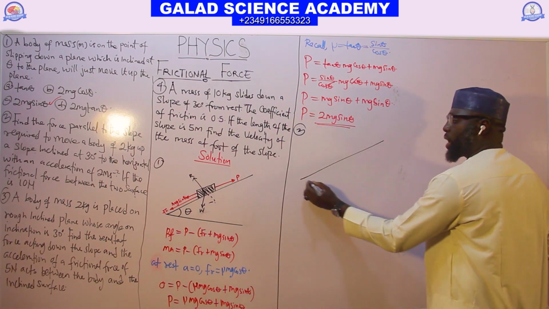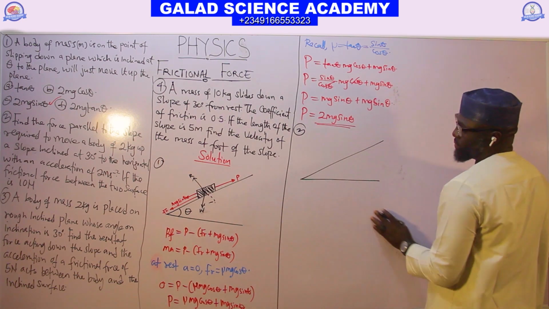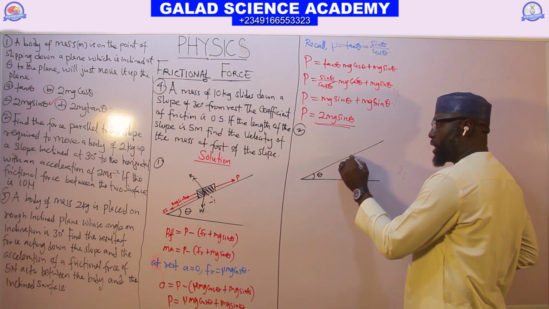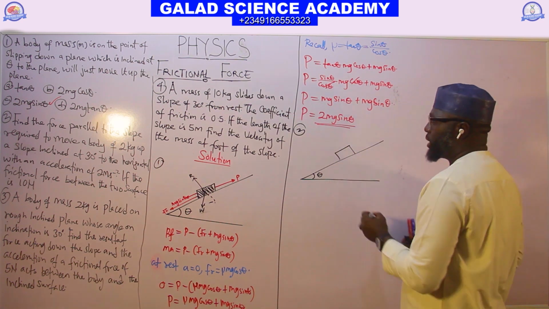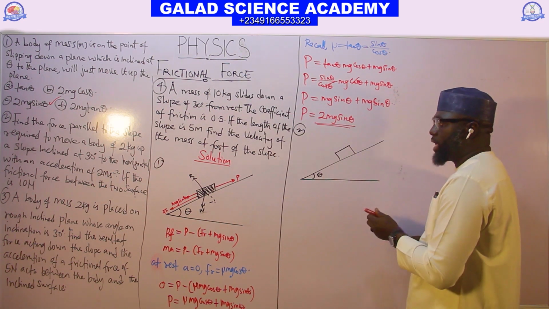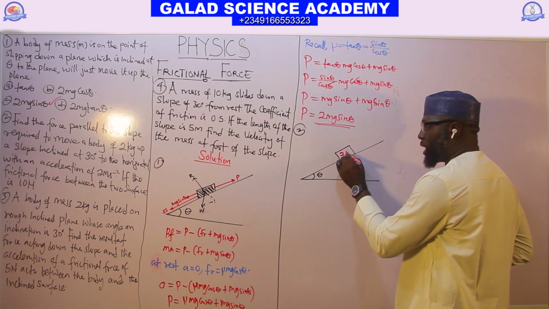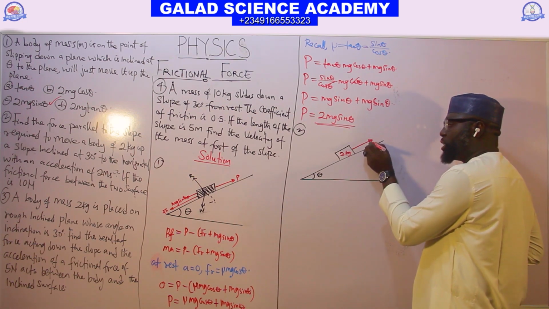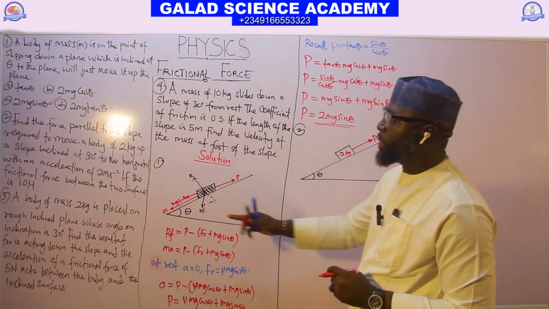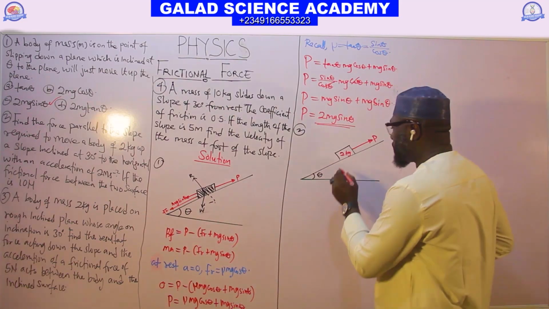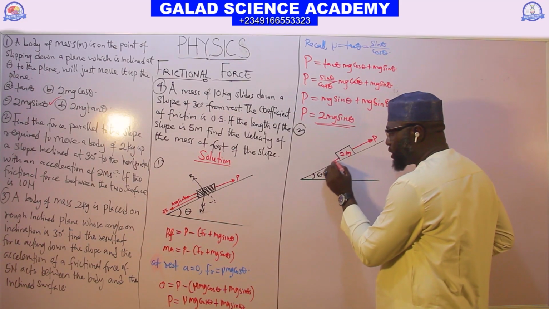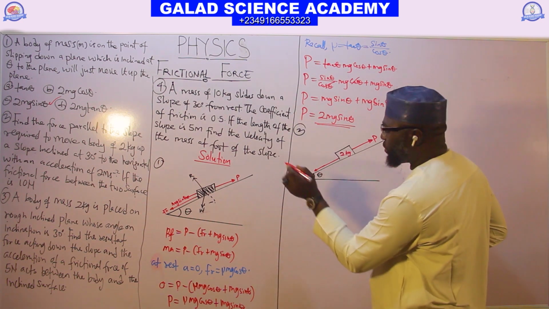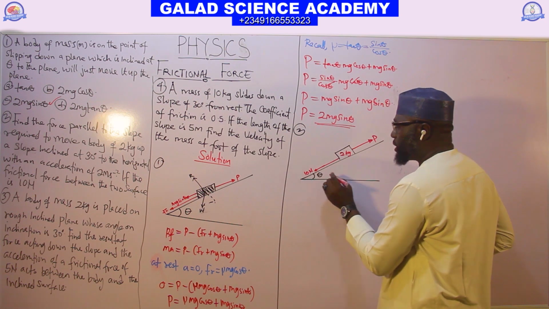So this is our regular diagram, and this is theta, and the body. The mass of the body is 2 kg. The force required to move the body along the plane is P, and the frictional force down the slope is 10 Newton.